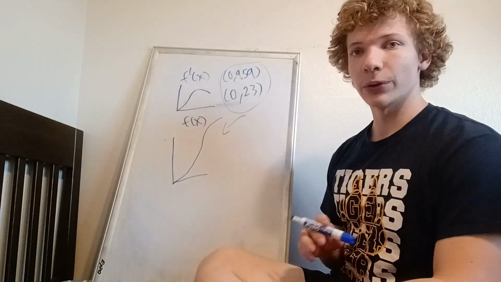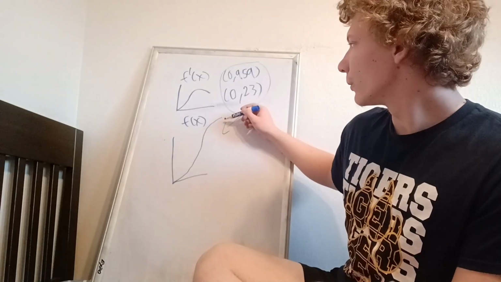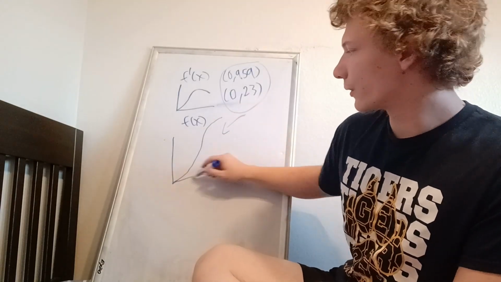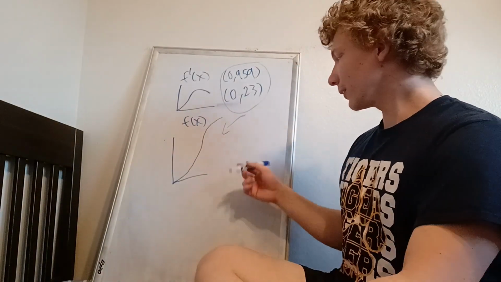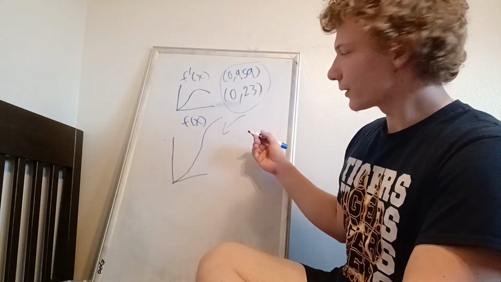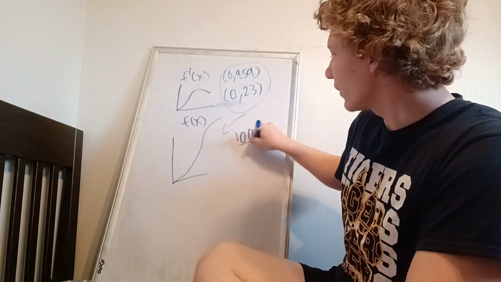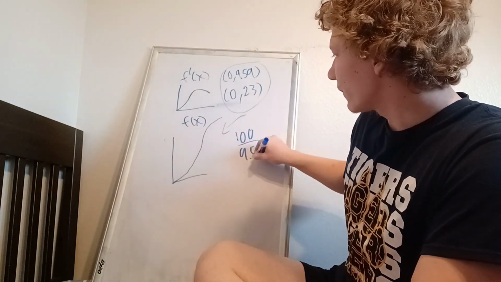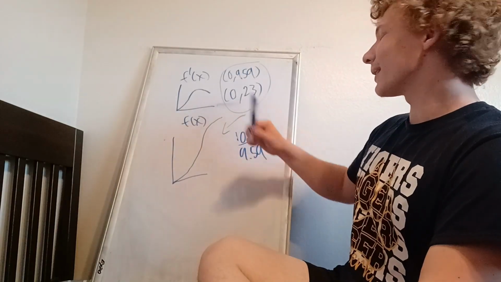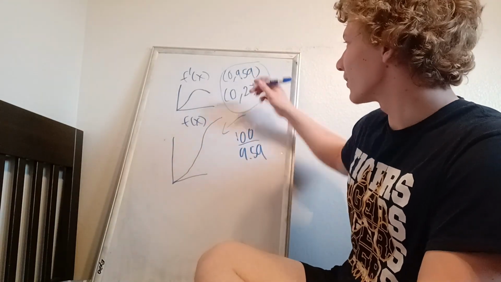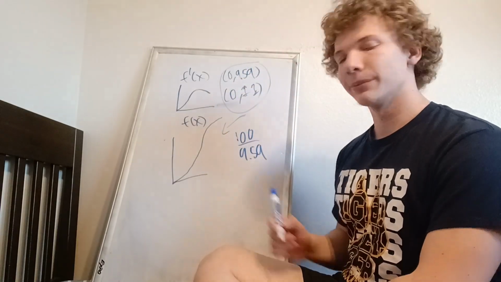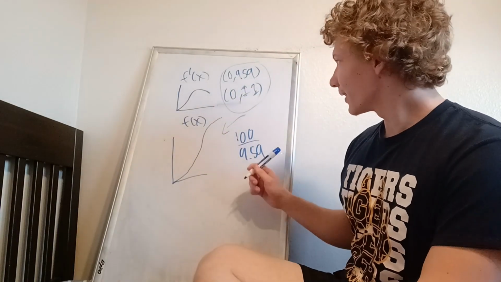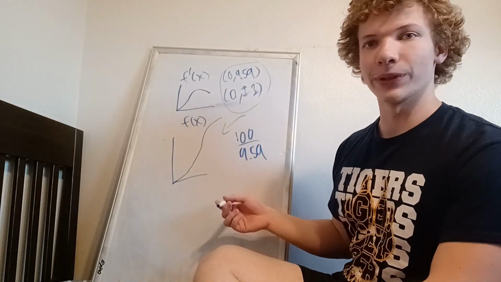Now, we know that the average velocity would be this over this, rise over run, right? Now, that value is 100 meters divided by 9.59 seconds. I guess that makes this in meters per second, so it should really be somewhere around 11. Now, this number, and you can easily verify this, is easily less than 11, but more than 0.